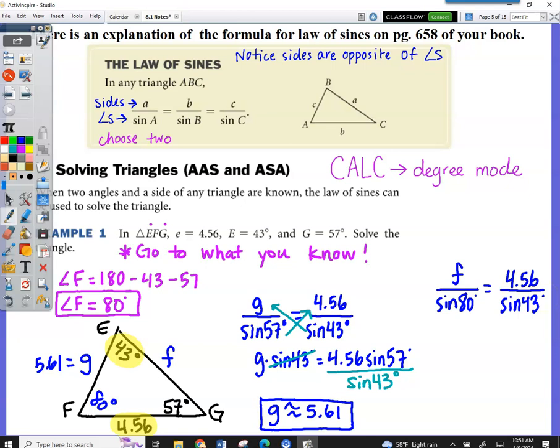Now, this time instead of doing the whole cross multiply both sides, because we saw how that was really not necessary, recognize which one actually needs to be by itself. F needs to be by itself. This is division. I'm going to cross multiply. I like to draw my arrow to remind me where it's going. It's going to cross multiply over behind the side length, sorry. And I'm going to write it here. You really don't have to if you don't want to, but it will help with partial credit.